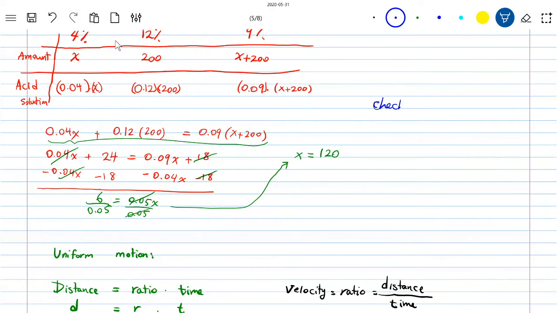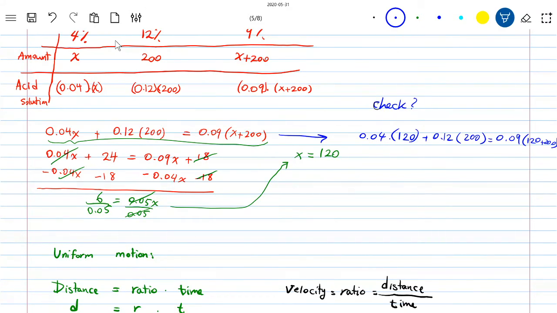Check our solution. 0.04 times 120, instead of x, I'm replacing it into this equation, plus 0.12 times 200 equals 0.09 times 120 plus 200.